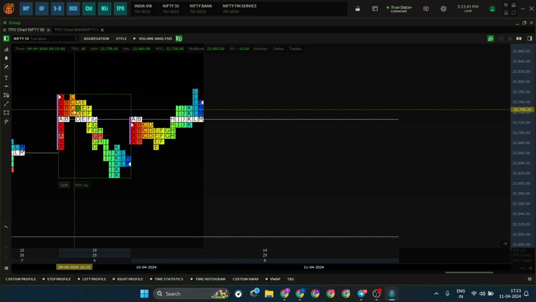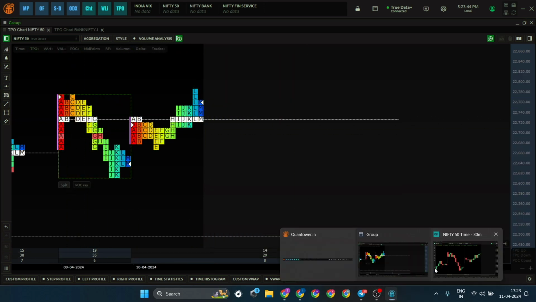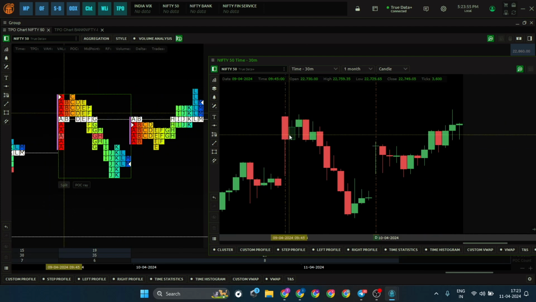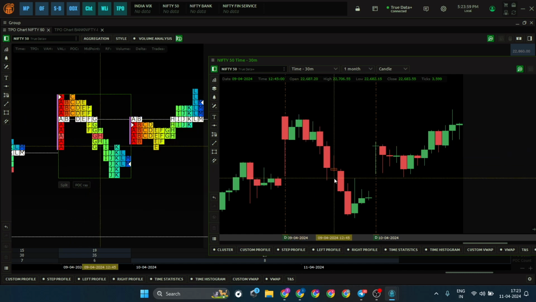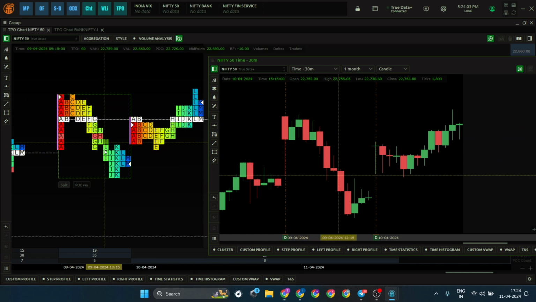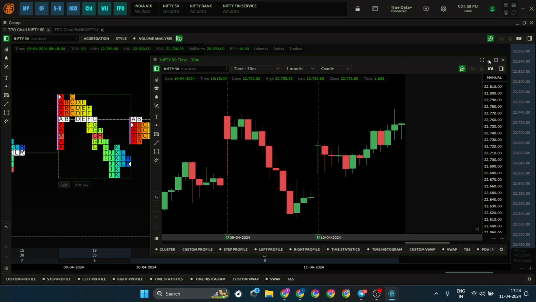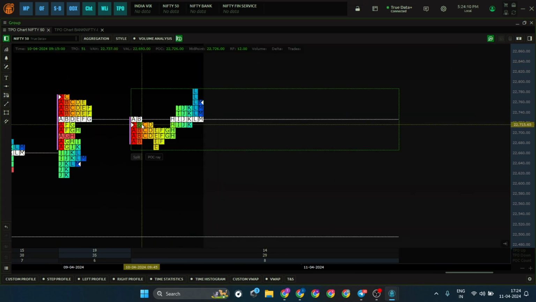For better reference, let me also open this. This is the A period of 9th April, and then B, C. You can clearly see the candles are making lower lows, and these periods are also moving lower. So these are 30-minute candles. Hope you understood now.